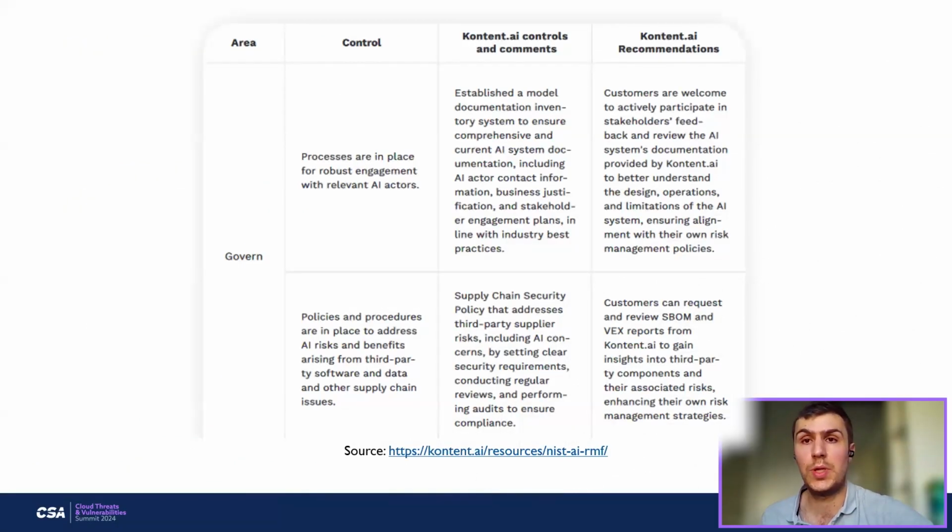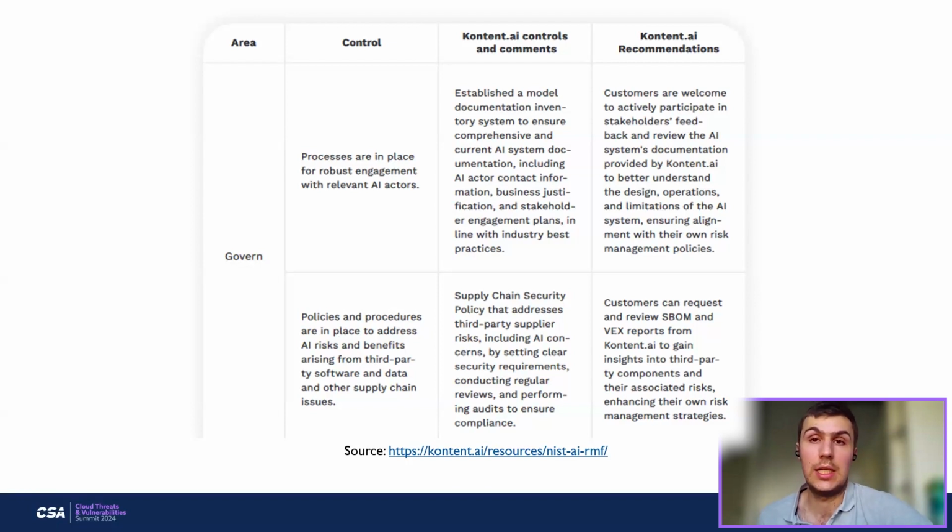What we really found useful is to recognize that those controls also have a shared responsibility model to some extent. You can, of course, take a lot of controls and implement them yourself, but at the same time, there needs to be a user of that service, of that product utilizing AI functionality, who implements or recognizes that there is a need for additional input from there.